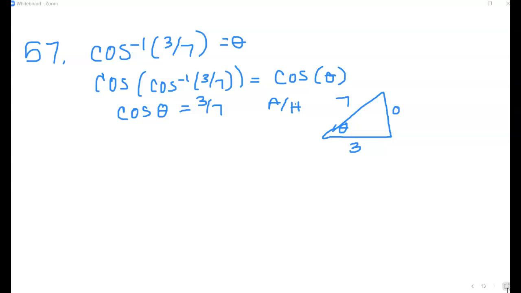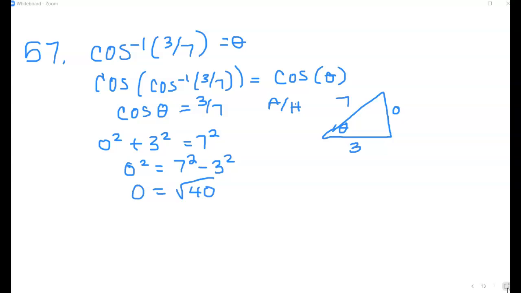It means we need the opposite. So you have to do 7 squared minus 3 squared, and you take the square root of that number, which is 40. So that means that the sine of theta is equal to the square root of 40 over 7.